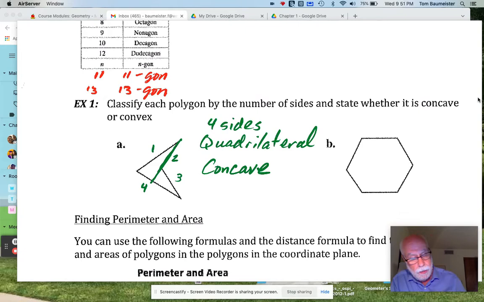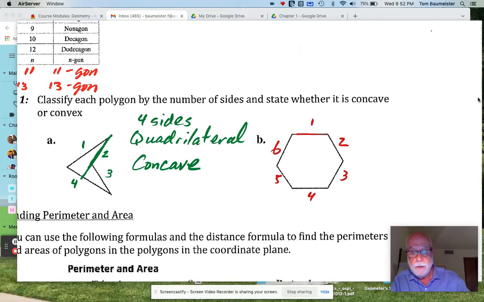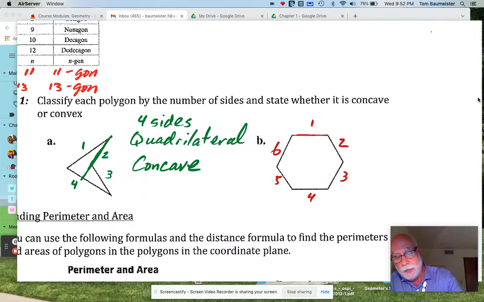For B, let's look at that one there. Let's choose a different color. Again, we're going to count the number of sides: 1, 2, 3, 4, 5, and 6. So there are 6 sides.